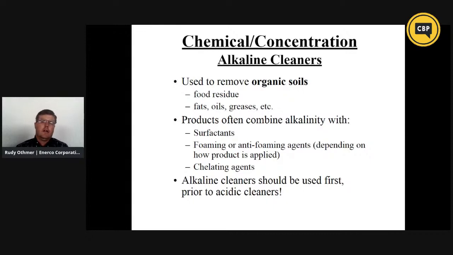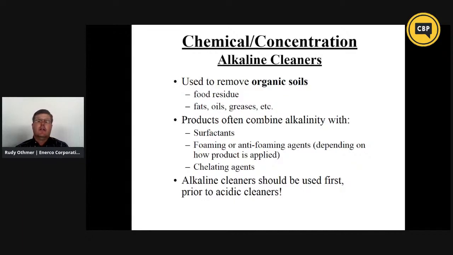The alkalinity is either sodium hydroxide or potassium hydroxide, typically for a high alkaline cleaner, generally combined with surfactants, and that's an abbreviation that's short for surface active agent.